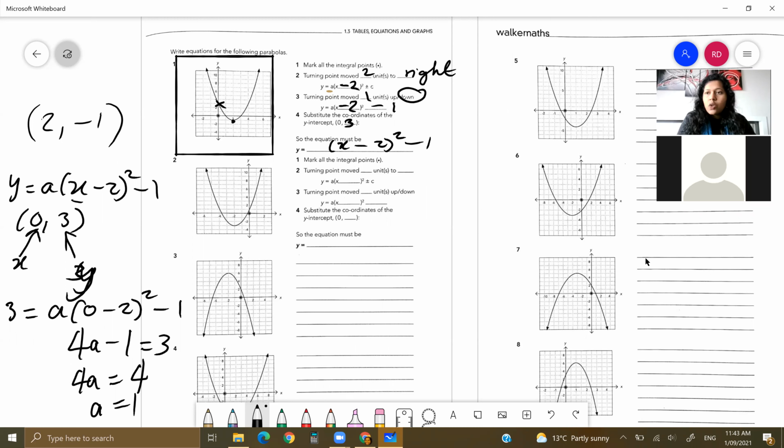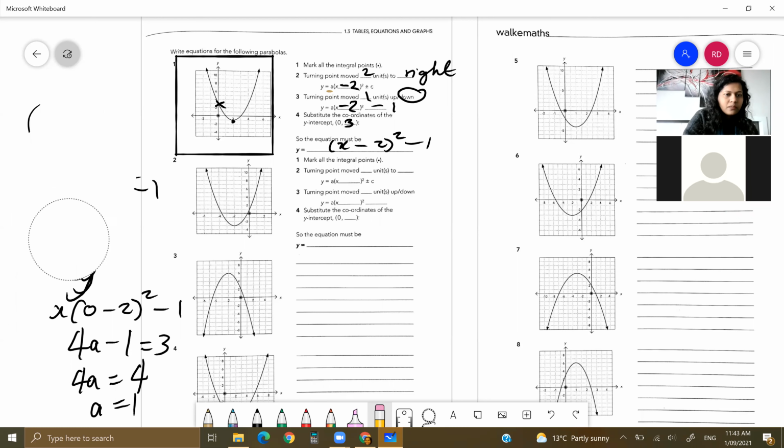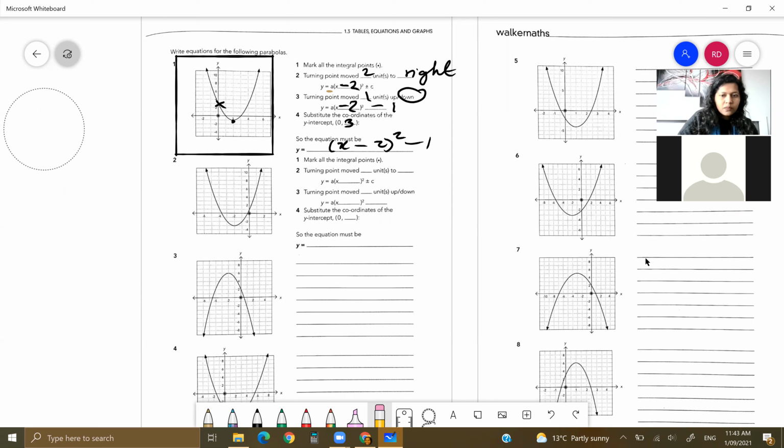Let's now try one more question, again in the same format. If you haven't already done these pages, hopefully you can do them today. Let's do the next question. The first step is figuring out where the turning point is. The turning point is this one here.